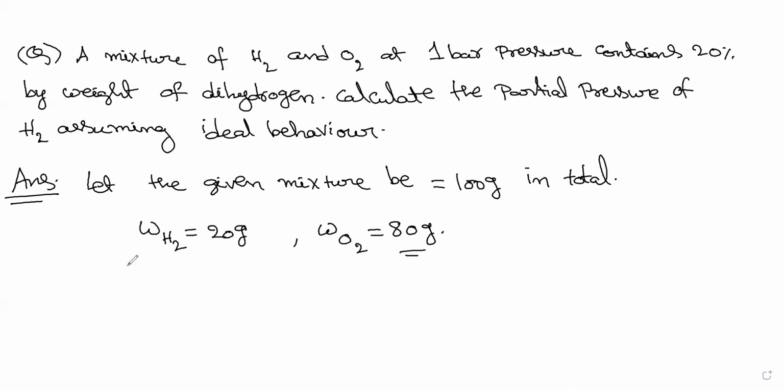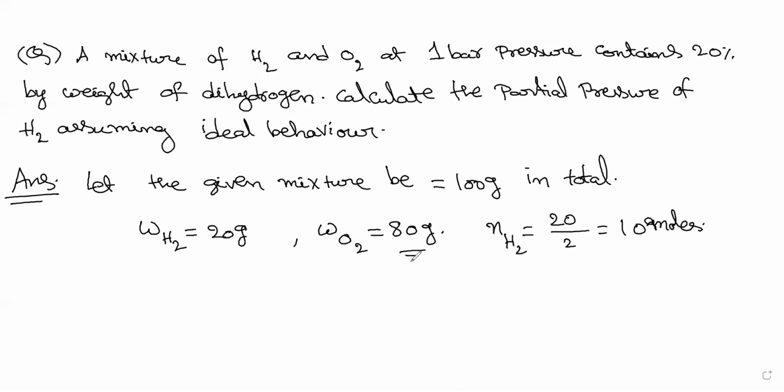Now, once we have this, what is the number of moles of hydrogen? Weight of hydrogen by gram molecular weight of hydrogen. Hydrogen is 1, so 1 plus 1 is 2. 2 hydrogens are there. So divided by 2. So you get 10 moles.